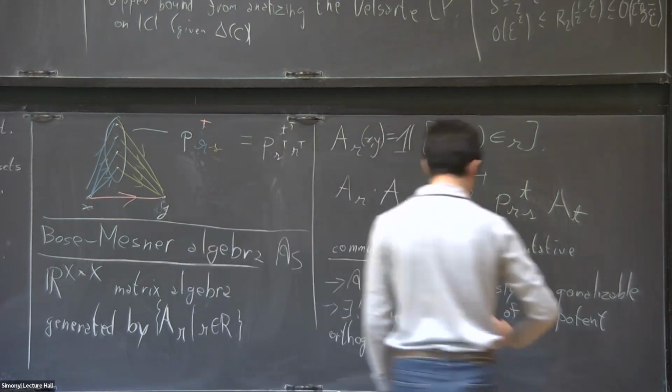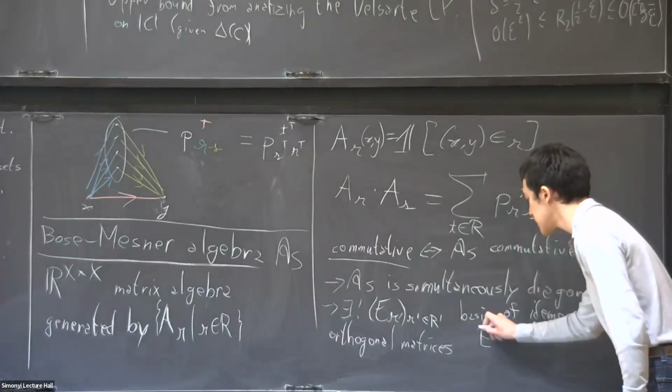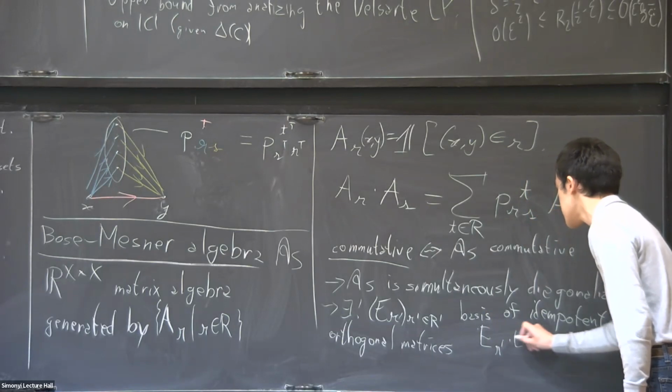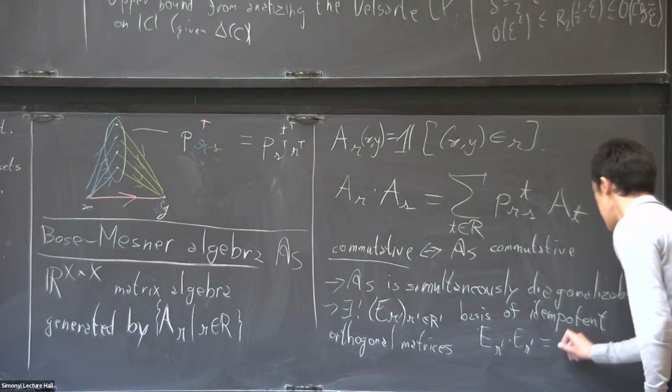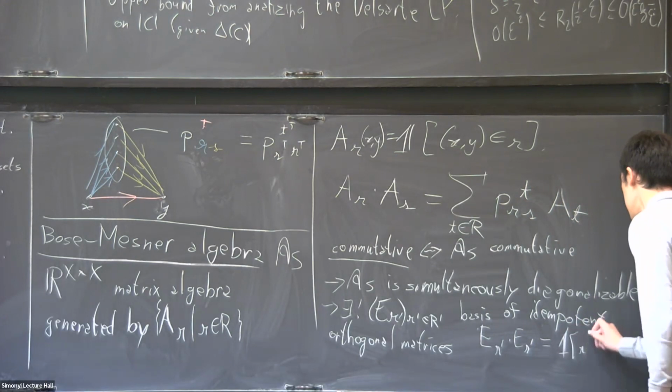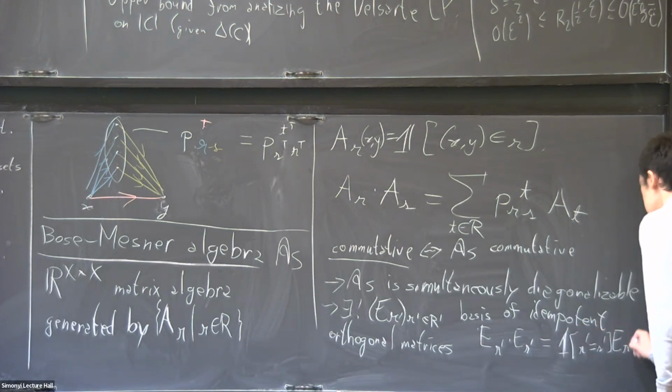Okay, so what do I mean by idempotent orthogonal matrices? What I mean is that if you do E_R' times E_S', then what you get is 0 if they're different, and if they're equal, then you get just E_R'.